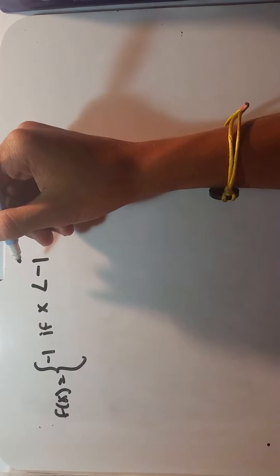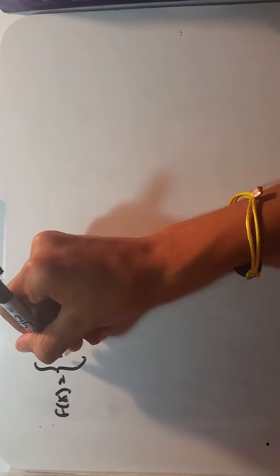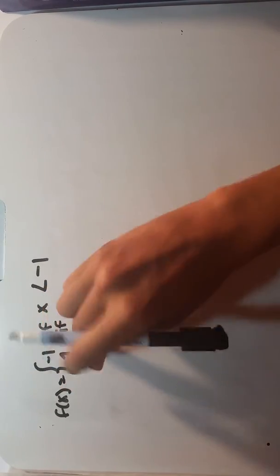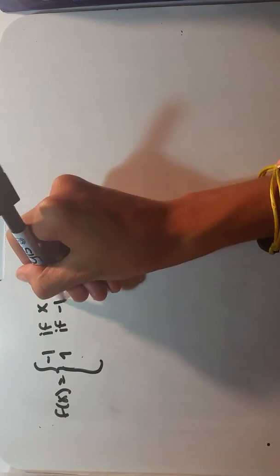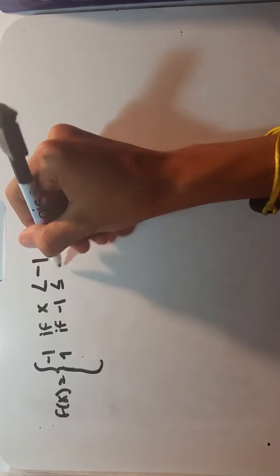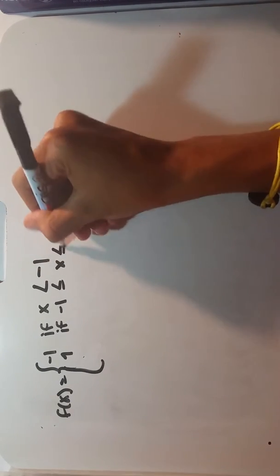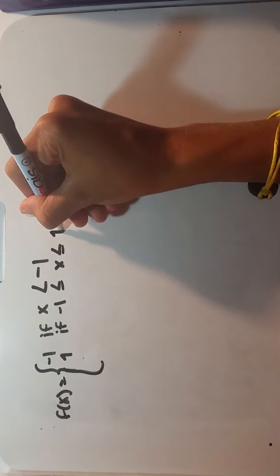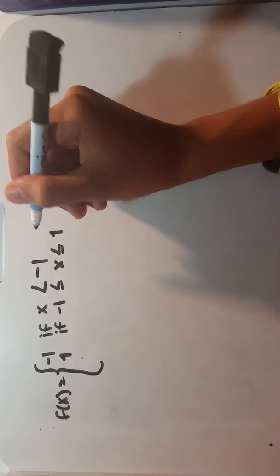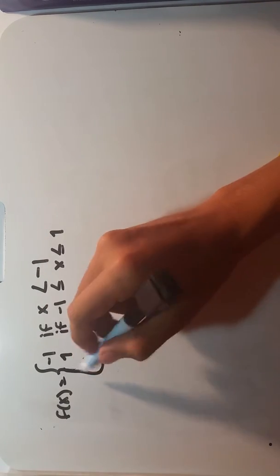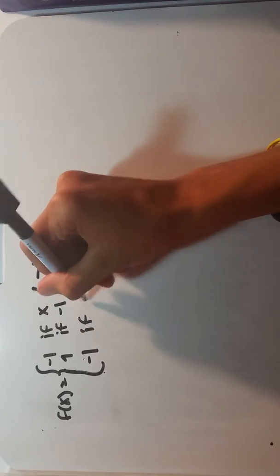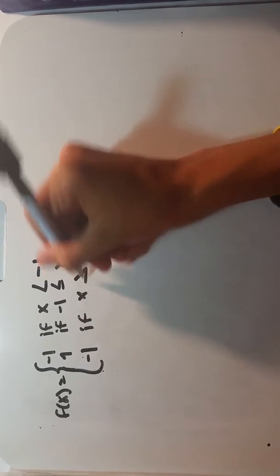Then in the second function we have that y is 1 if -1 is less than or equal to x, less than or equal to 1. And in the last and third section, f of x is equal to -1 if x is greater than 1.